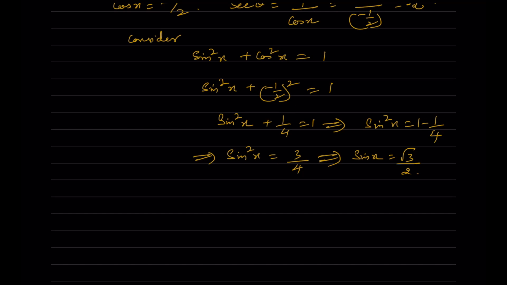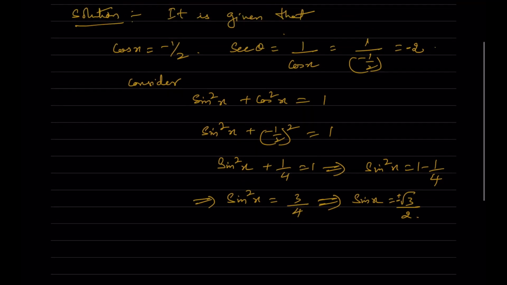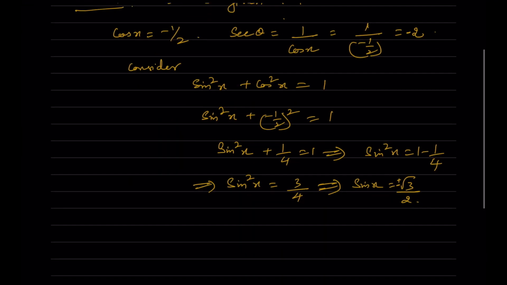So you are getting sin x is equal to plus or minus, but here because x is lying in the third quadrant, it's given in the problem that it lies in the third quadrant. So this is Q1, Q2, Q3, Q4.